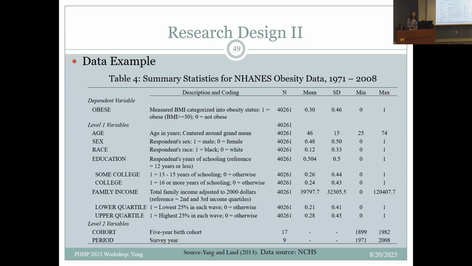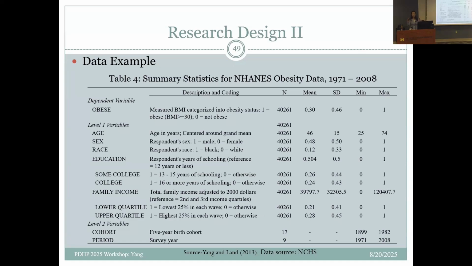This is the actual data that I will be using, the summary statistics, where the dependent variable is the measured BMI to determine obesity status. We have over 40,000 individual observations. At level 1, the individual level, we have age in years, sex, race, and SES, including education and family income.